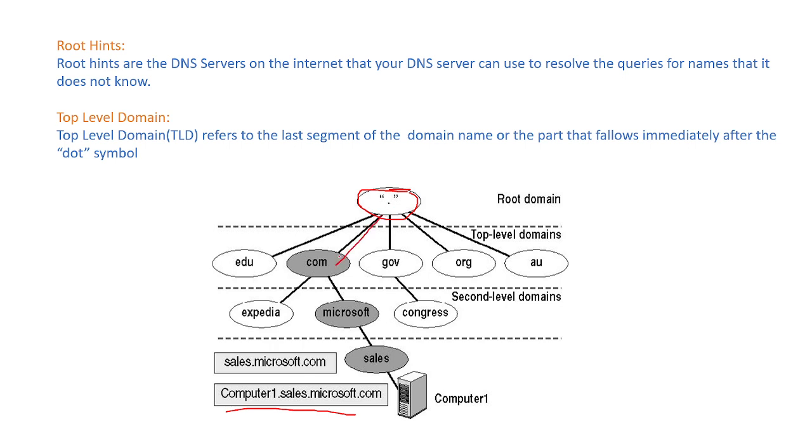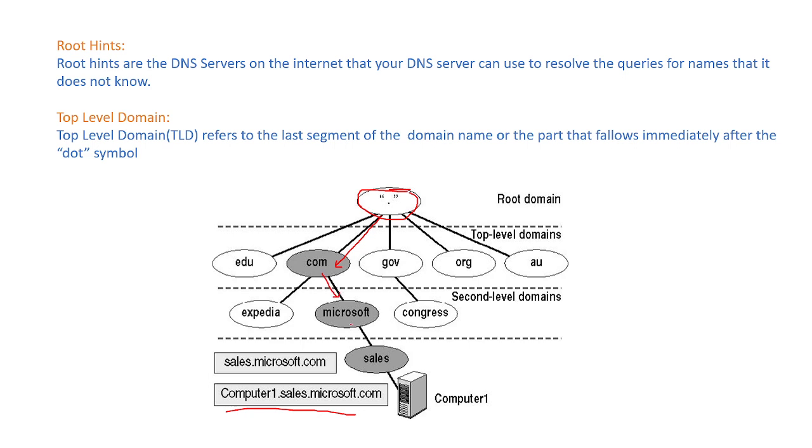It will always try to retrieve in reverse order. From the end it will come, see. Then the query will come here. Now you manage to get .com. Then the com will tell, I don't know who's this computer one, but I know a person called Microsoft. Can you just go and talk to him? Then the query will be forwarded here.